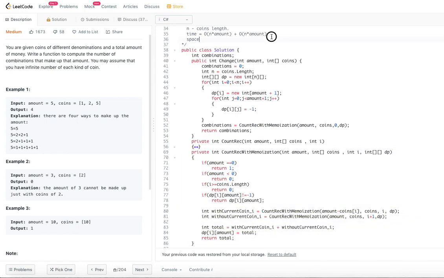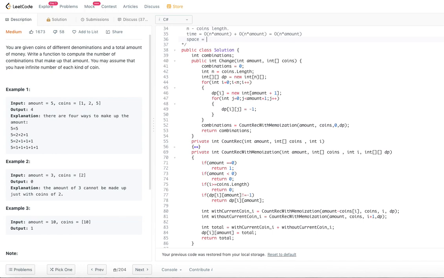So the total here for initialization we took order of n into amount, and for processing we took order of n into amount. So it will be technically order of 2n into amount, but we are going to remove all type of constants in the big O notation. So we will say order of n into amount, where n is the length of the coins array, right? So that's what it is.